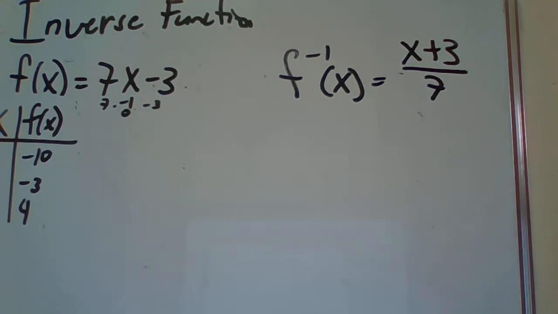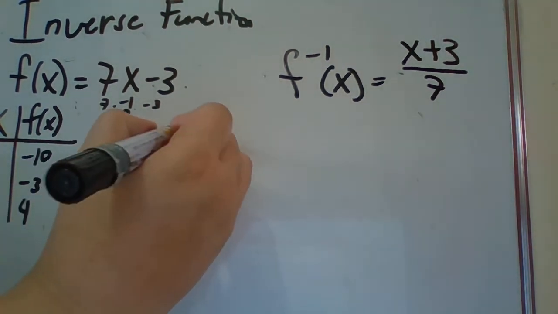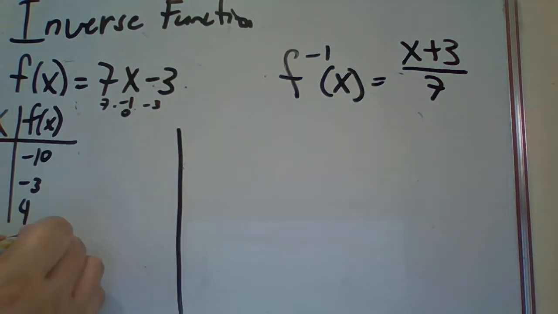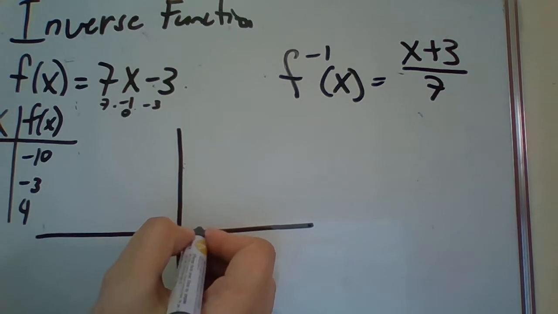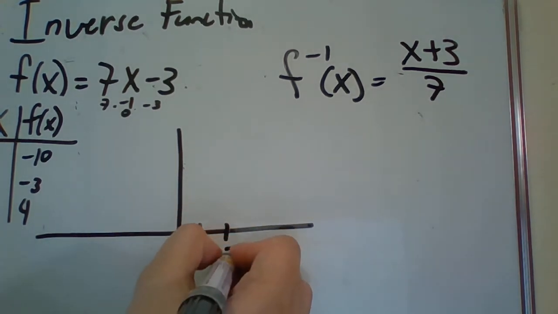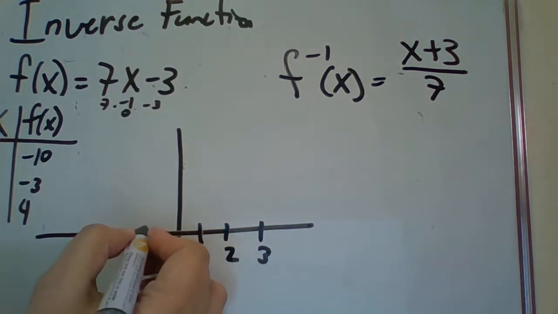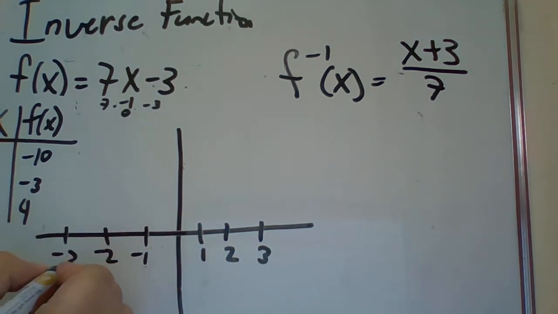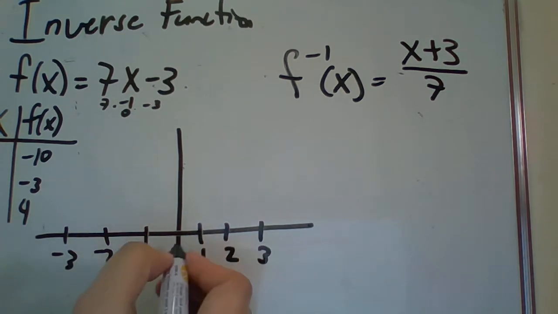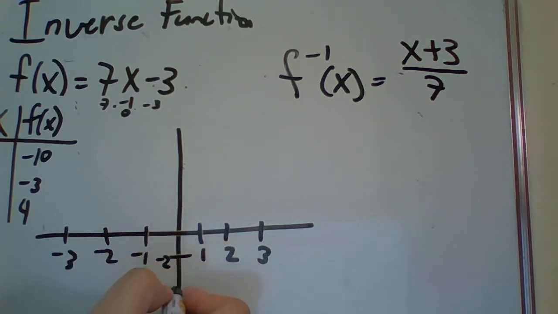Okay? So, ang magiging graph natin dyan ay ganito. Okay. So, dito si 1, 2, 3. Dito naman si negative 1, negative 2, negative 3. Dito naman si negative 2, negative 4, negative 6, negative 8, negative 10. So, approximately na lang natin para magkasya.